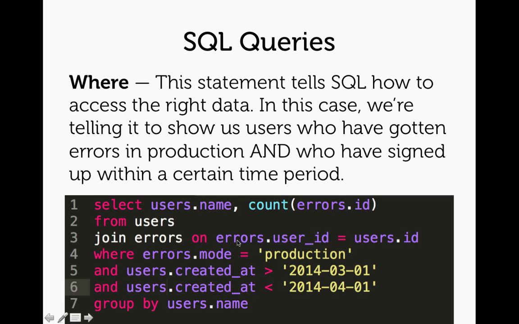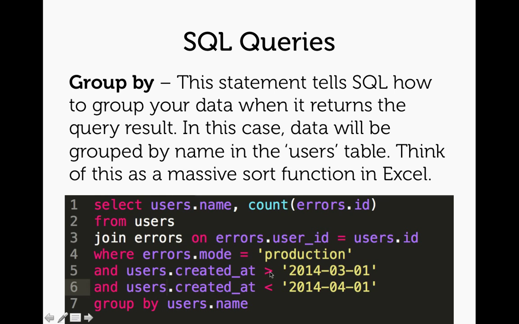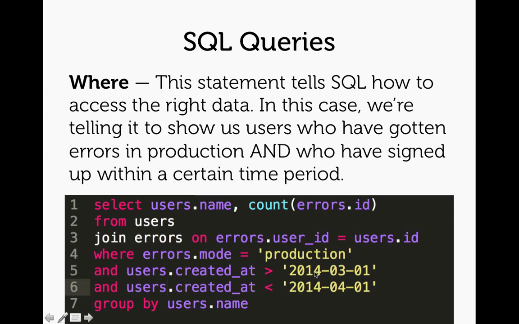So I'm telling SQL, here is the data set I want to use. Now show me every user where the mode equals production, and that was created after, that's the greater than sign, sorry, that's the greater than sign, after March 1st, 2014, and that was created before April 1st, 2014.